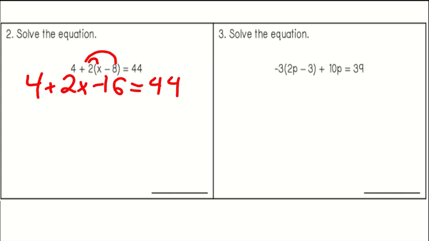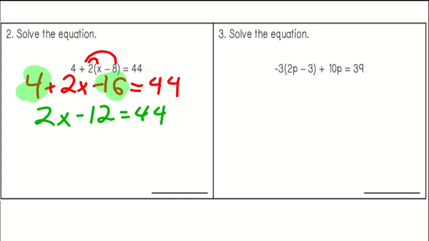We combine like terms. For my like terms, I've got a 4 and a minus 16. So I still have the 2x. Signs are different on the 4 and the minus 16. So since the signs are different, we subtract, use the sign of the bigger number, so that makes minus 12 equals 44.